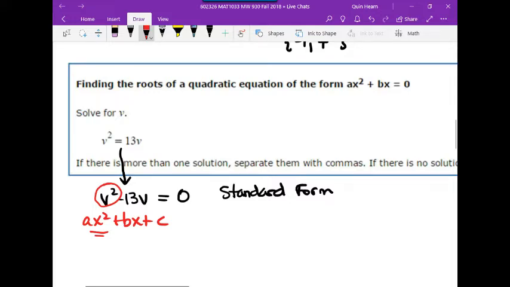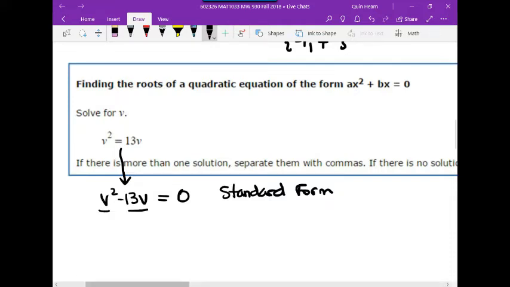But actually, this is even easier because we can factor out a GCF. What's in common to those two terms, v squared and negative 13v? Can anyone type into the chat bar what's in common between v squared and negative 13v, those two separate terms?